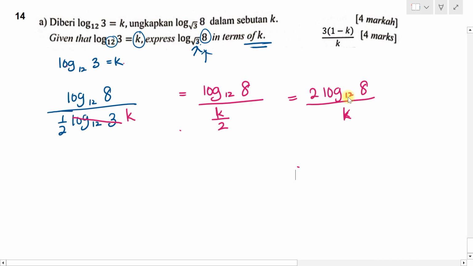Now log 12, 8. 12 is 4 times 3, 2 square times 3. So I need to express something else there. It shouldn't be this much easy, right? Okay, so let's see what we can do.